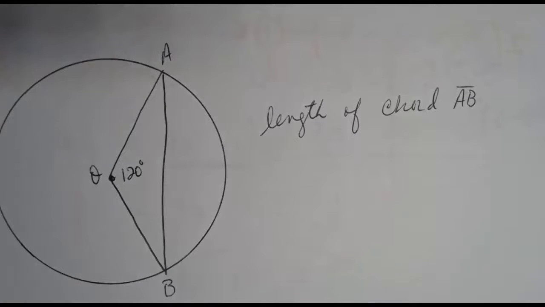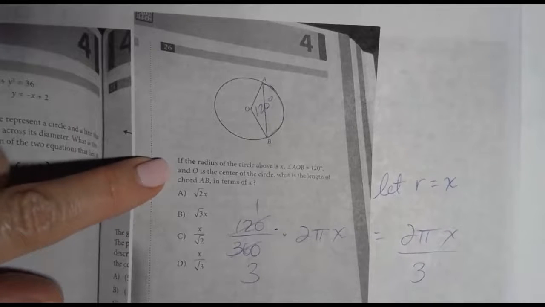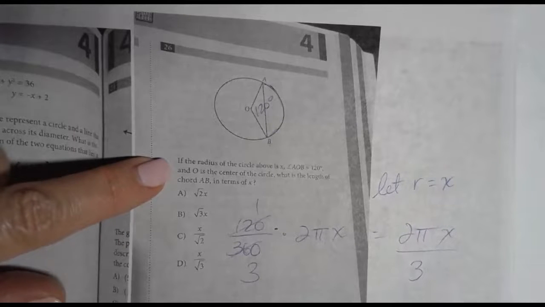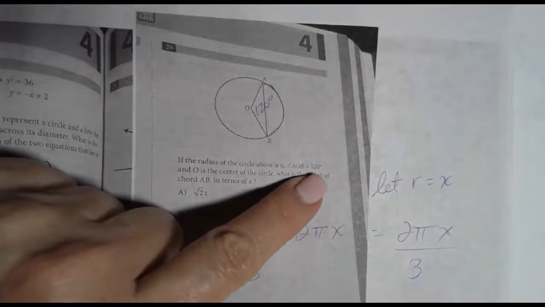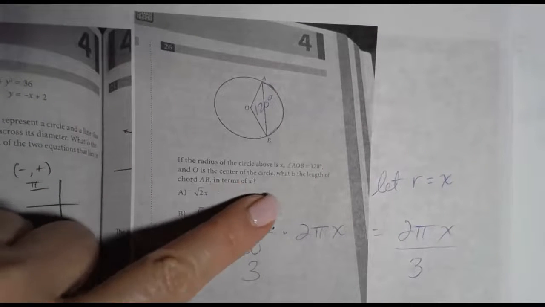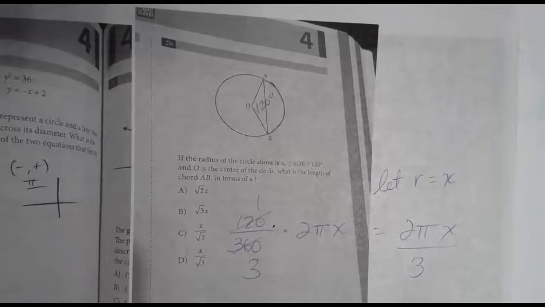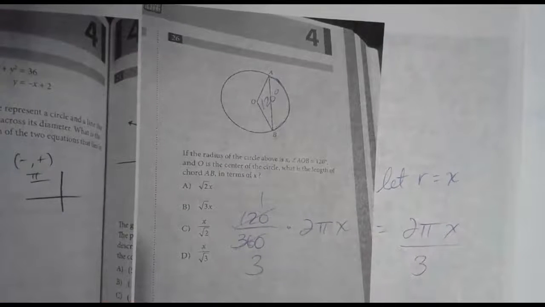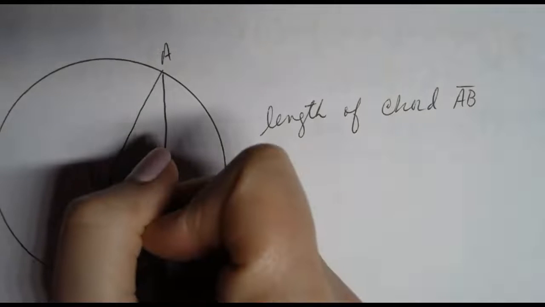Next problem. Same page that you sent me. If the radius of the circle above is x, angle AOB is equal to 120, and O is the center of the circle, what is the length of chord AB in terms of x? I was trying to do it in terms of x, and then I was like, nope, let's think about it a little bit differently.